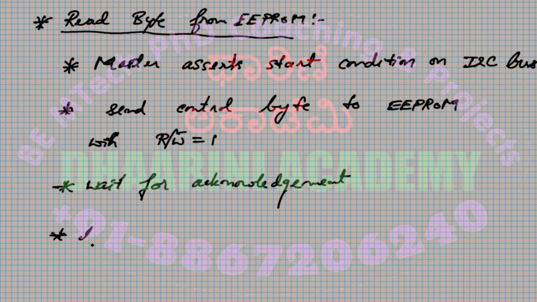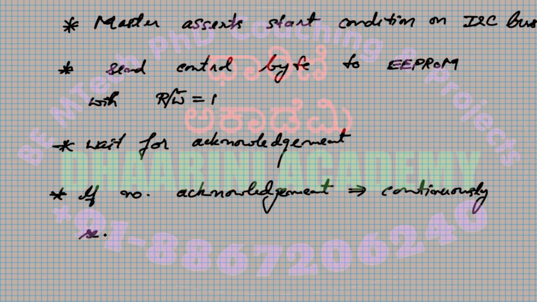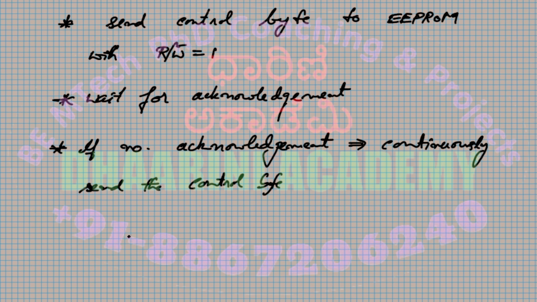So if no acknowledgement, this should imply continuously send the control byte, right? Repeatedly you keep sending. Okay, now let us assume that you received the acknowledgement.